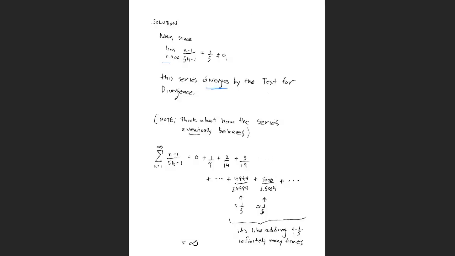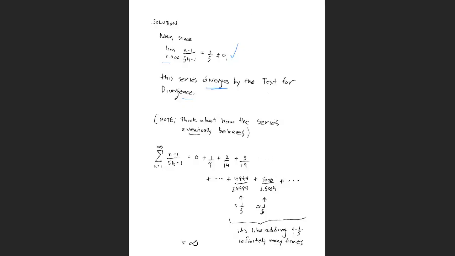Some of you, when you chatted it out, like Maria and Renat, your instincts are telling you the series is going to equal infinity, and you're right, because when n gets large, the terms approach 1/5, and 1/5 is not equal to 0. In other words, the terms are not getting smaller.